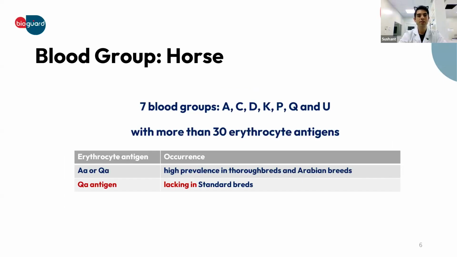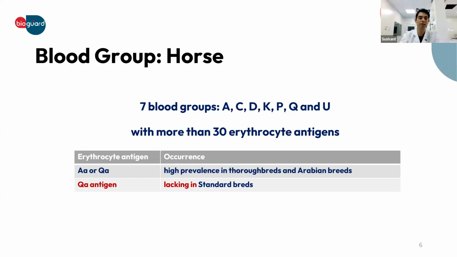So we go to the horses. In the horses, you can see there are 7 blood groups that are identified, named as A, C, D, K, P, Q, and U, with more than 30 erythrocyte antigens. That makes the blood typing in horses very, very complex, especially when you want to do inter blood group transfusions.